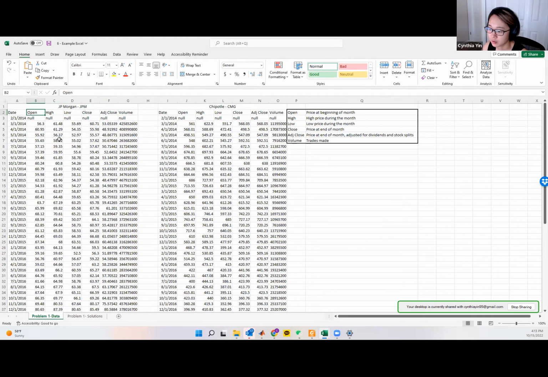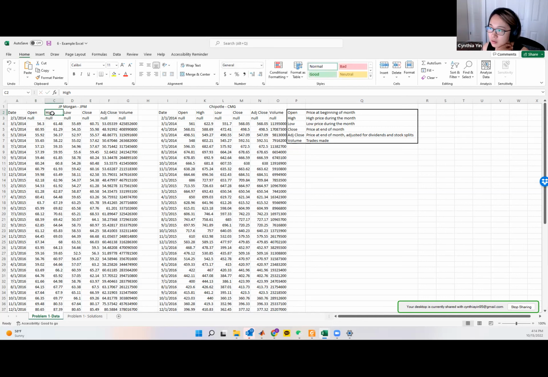For example, today is Saturday, so it's not a trading day. There's no price. But say on Monday, if I remember correctly, it's going to be 9 a.m., the time that the market started trading, the first price will be recorded as the open price.